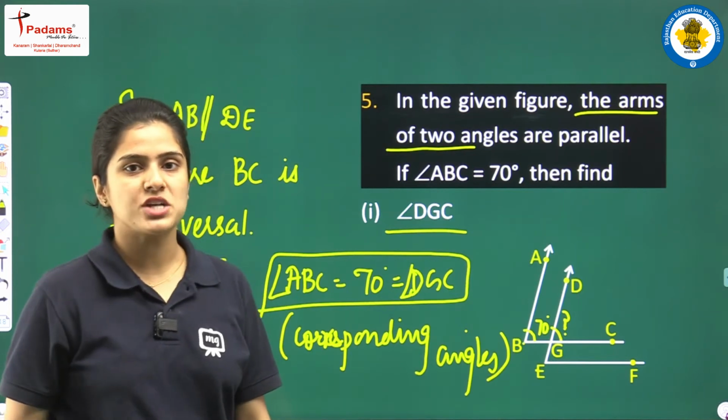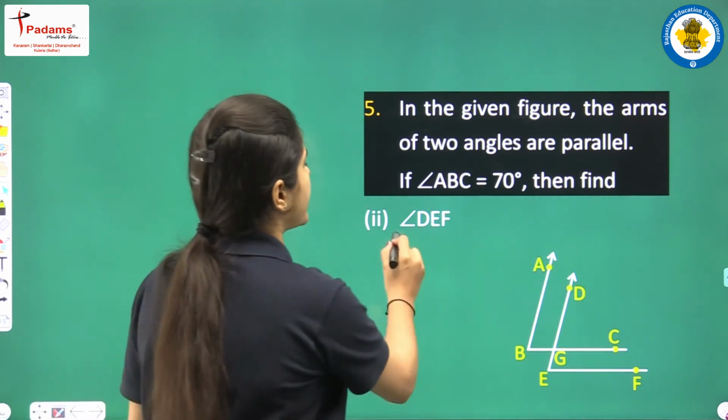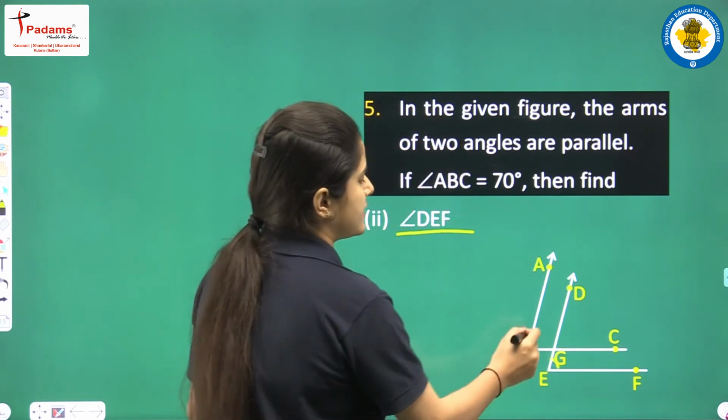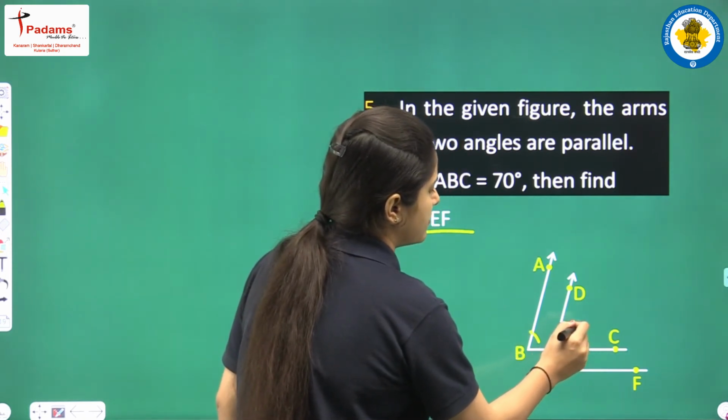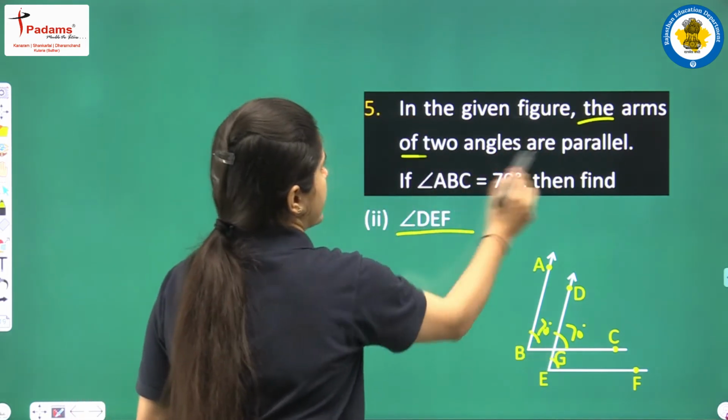Looking at the another question, what is it? The second part, students, now you need to find out this angle. Angle DEF, this one angle. These two angles are 70 degree. We know this thing. Have a look, students. We are given that the arms of two angles are parallel.